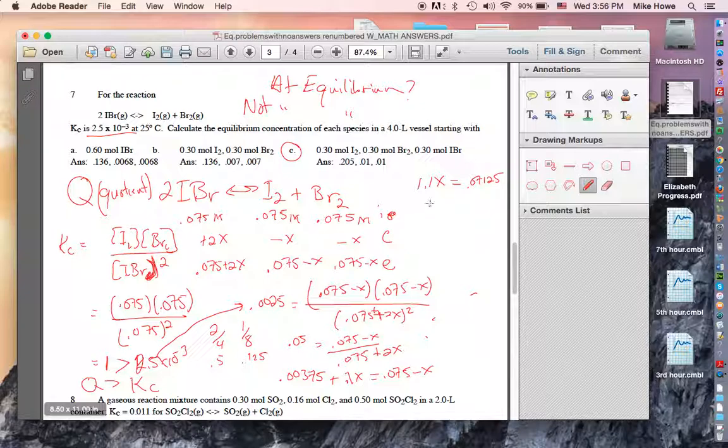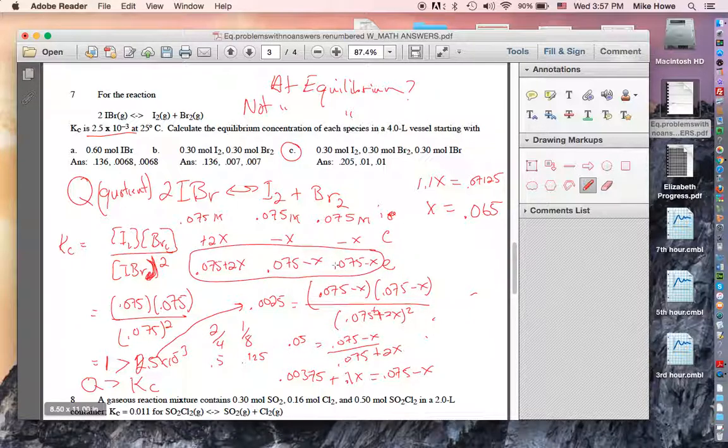Then to solve for x, you divide both sides by 1.1, and you end up with 0.065. So x equals 0.065. Now you go back to your definitions over here.